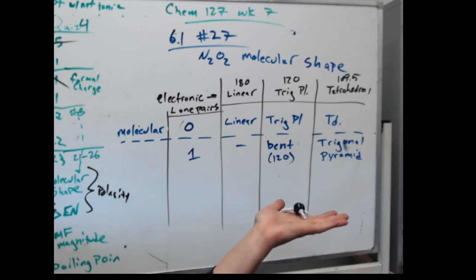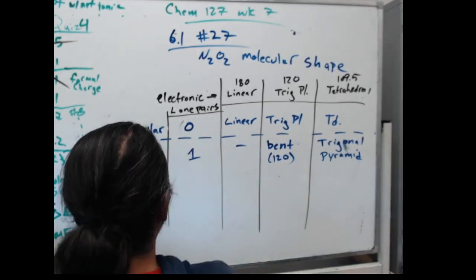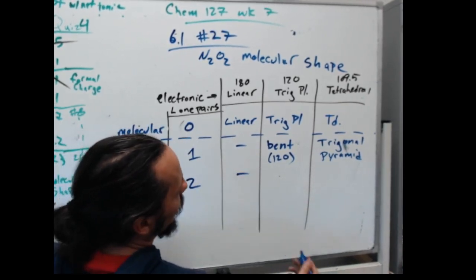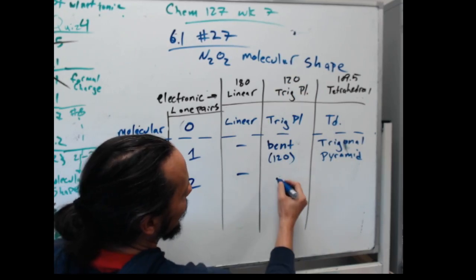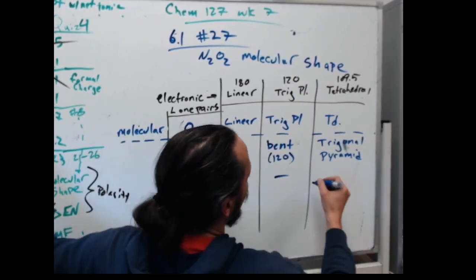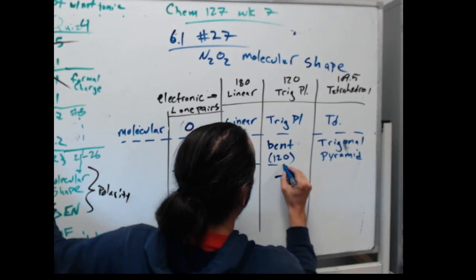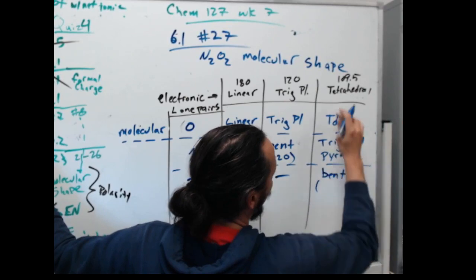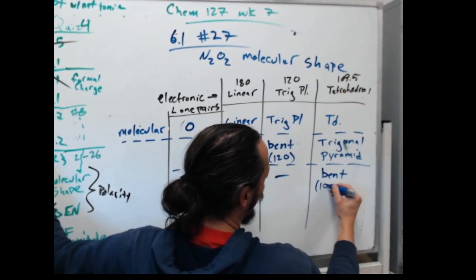So it's a little triangle pyramid. Then, if we've got two lone pairs, we don't really worry about the linear. This thing only had three things attached, so if we got two lone pairs, it's just like an atom sitting there. That's kind of boring again. And this becomes bent, but it's bent in the tetrahedral column. That's a bent 109.5.